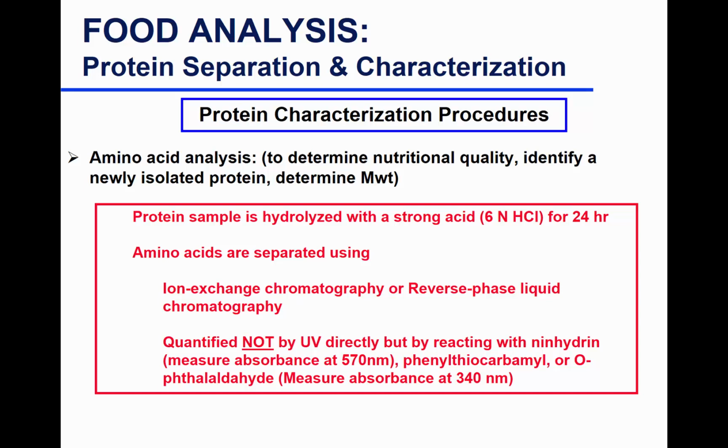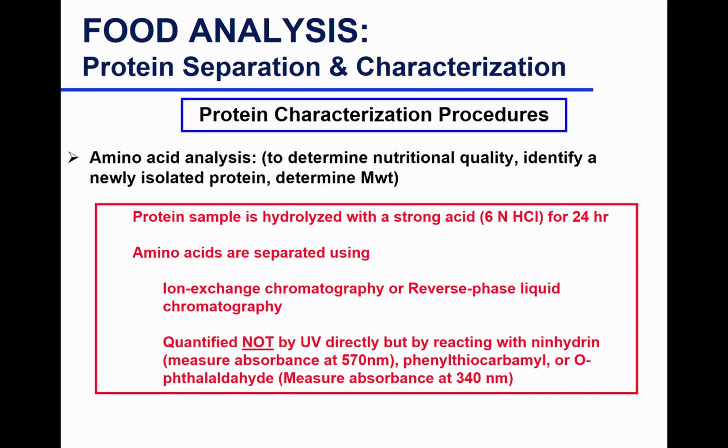So in order to be able to detect all of them, we have to react with a reagent, either ninhydrin, and measure absorption at 570, or phenylthiocarbamyl or ophthaldehyde. We can measure absorption at 340, or fluorescence with ophthaldehyde.